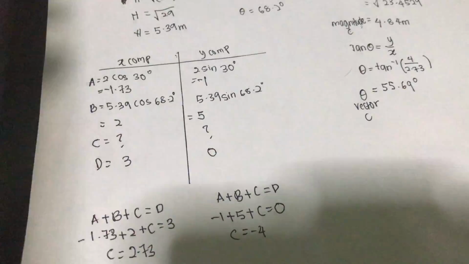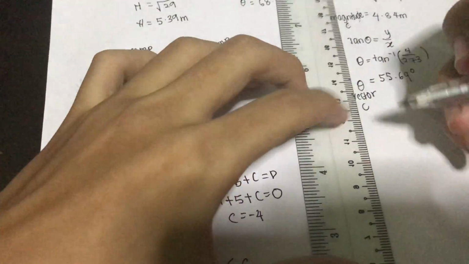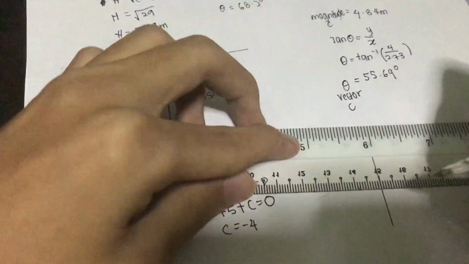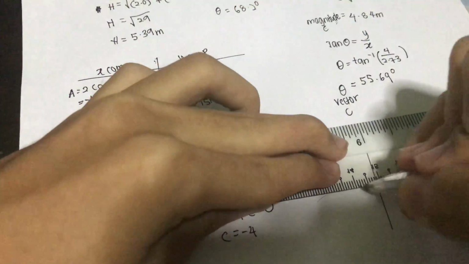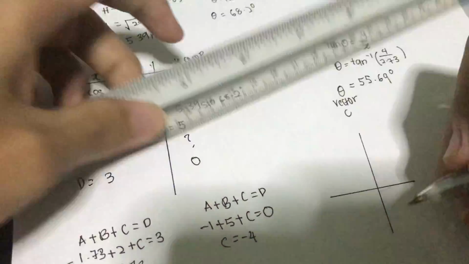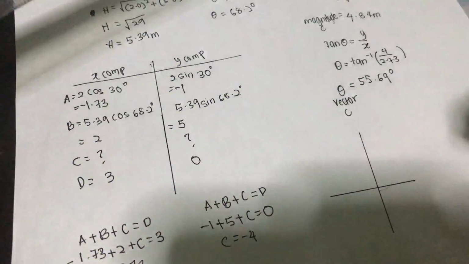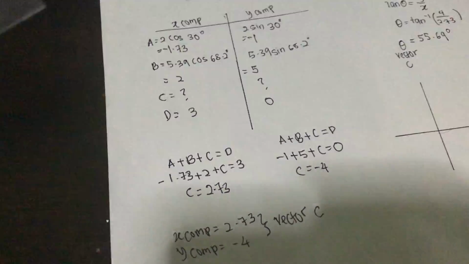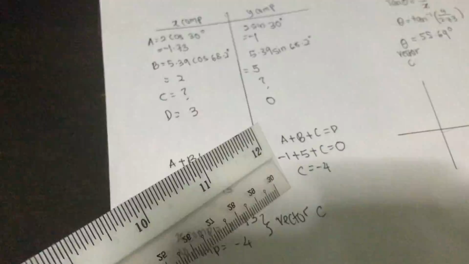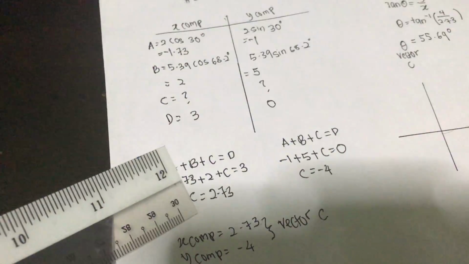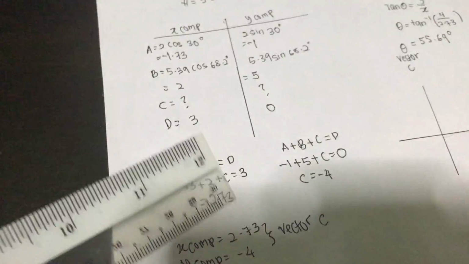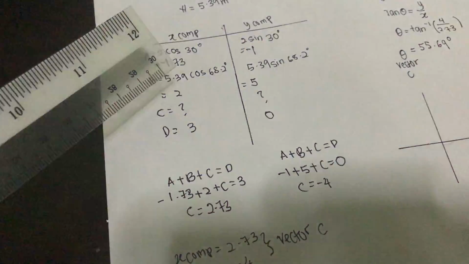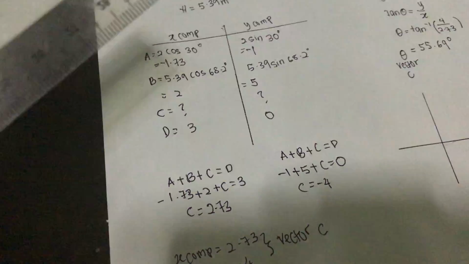And we can sketch the place of vector C like this. We know the y component is negative 4 and the x component is 2.73. So which is the place for vector C?